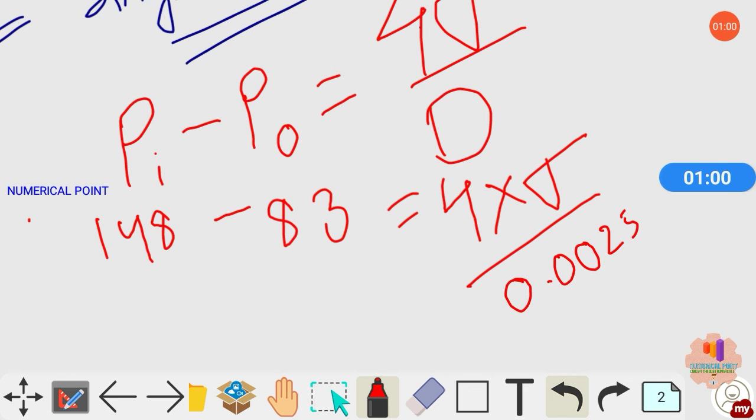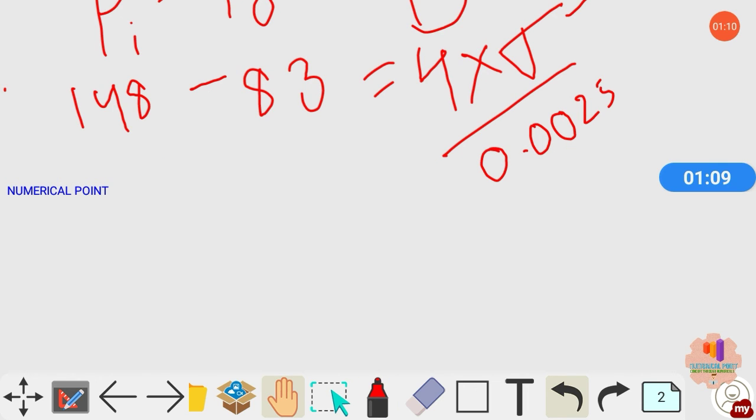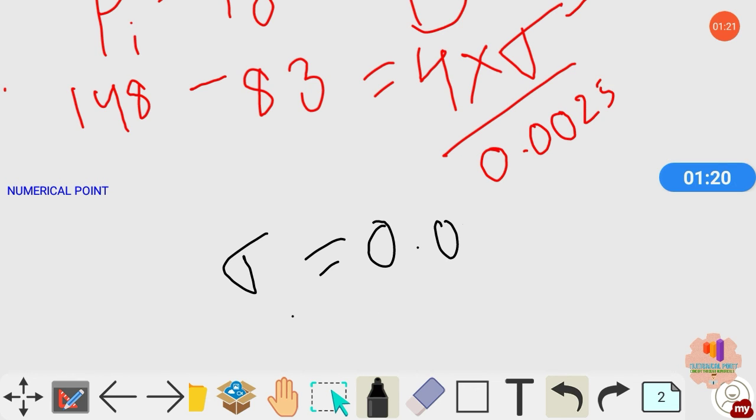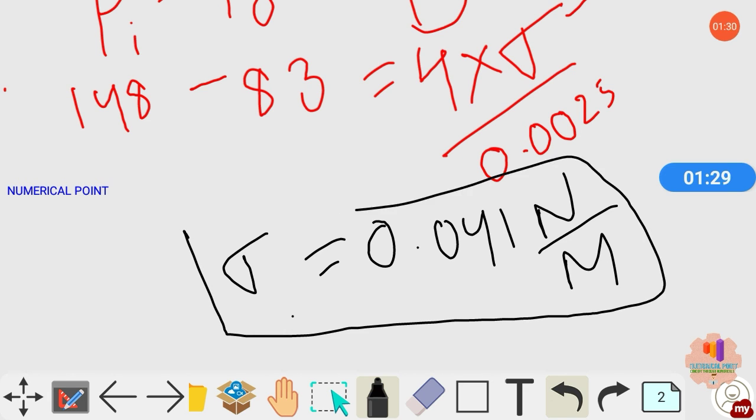So the only unknown is sigma, so let's find out the value of sigma. By calculating, sigma will be 0.041 Newton per meter. This is the value of sigma for the liquid.